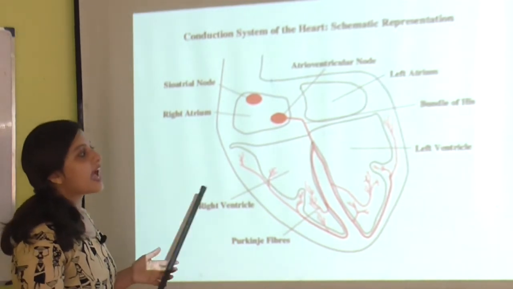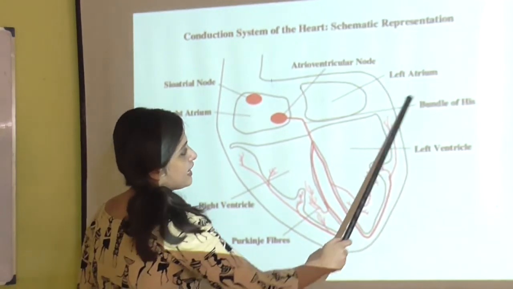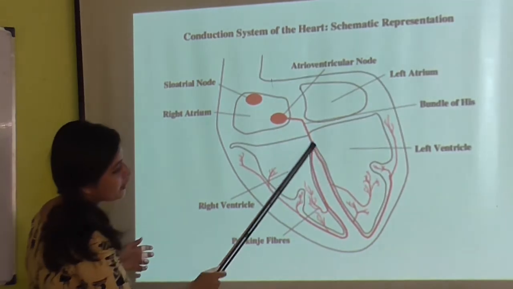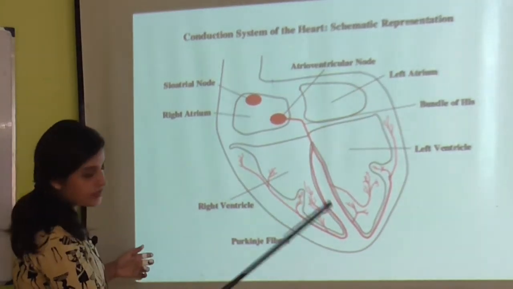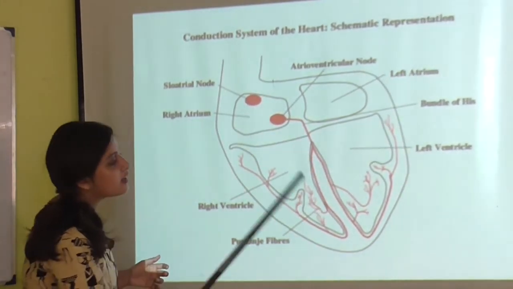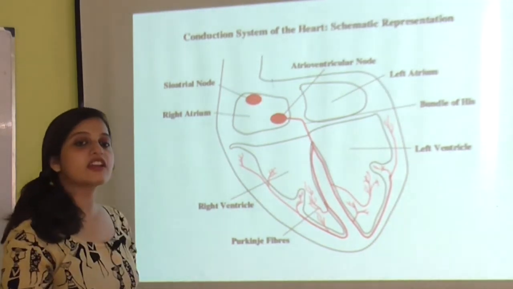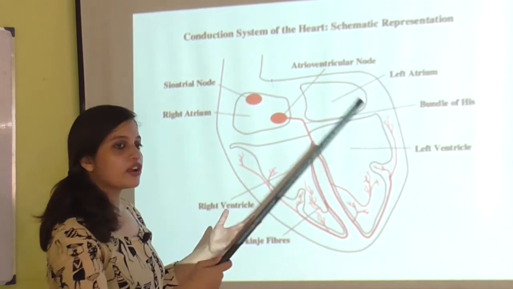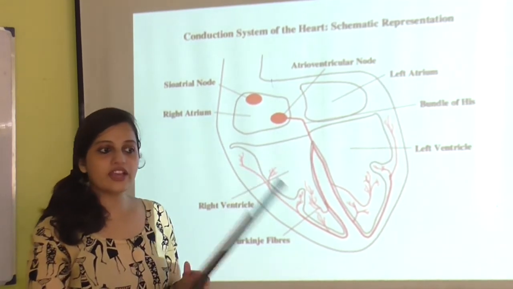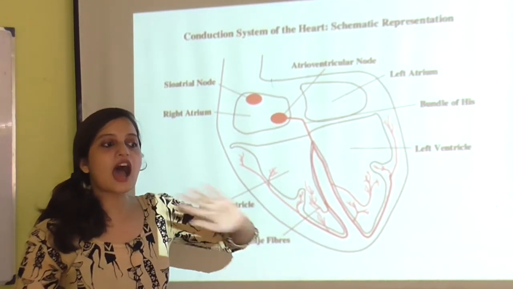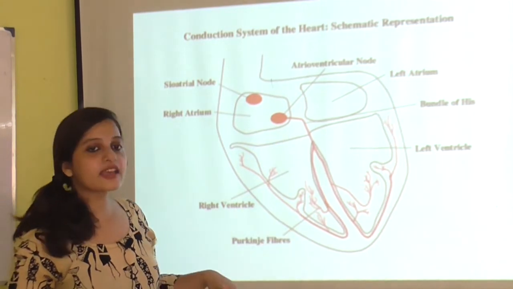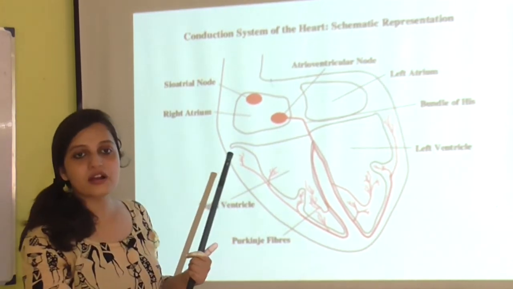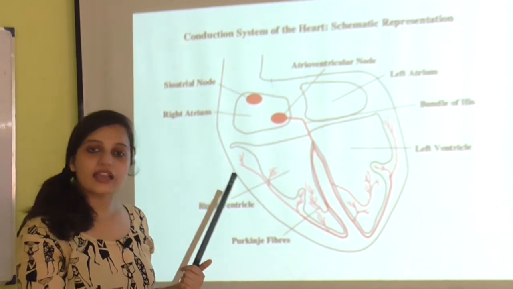Another term is bundle of His. Can you see this? The bundle of His is present at the septum. And what is the work of the bundle of His? Its work is to conduct the impulse for the heartbeat. It will regulate the heartbeat by conducting the electric impulse generated by the SA node.